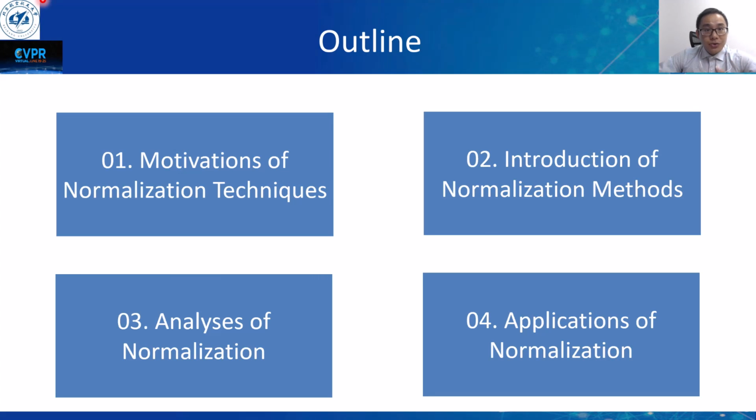Okay, our tutorial includes four parts. In the first part, we provide a unified picture of the main motivations behind different normalization methods from the perspective of optimization. In the second part, we provide a comprehensive review of the normalization methods, including normalized activations, normalized weights, and normalized gradients.